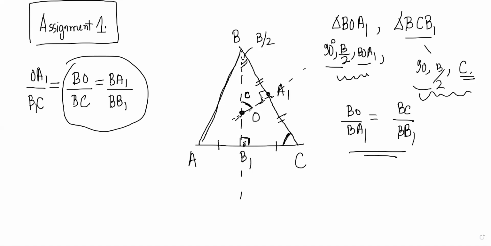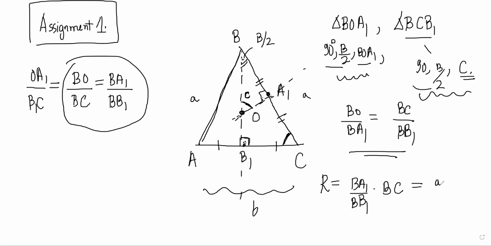So now from here, BO is R. R is equal to BA1 by BB1 into BC. And this was A and this was B. BA1 is basically half of this, so it's A by 2.